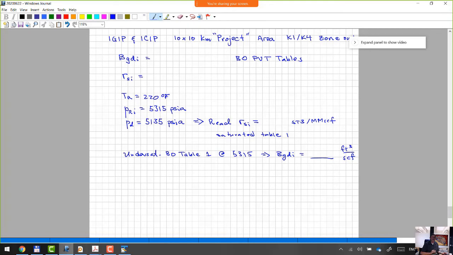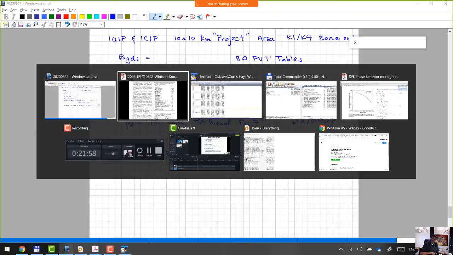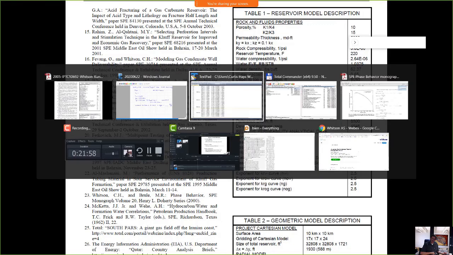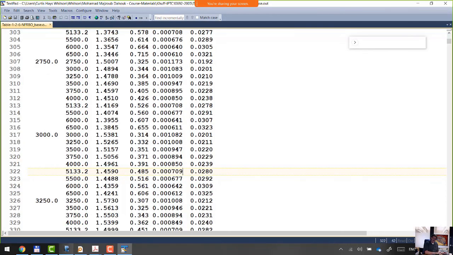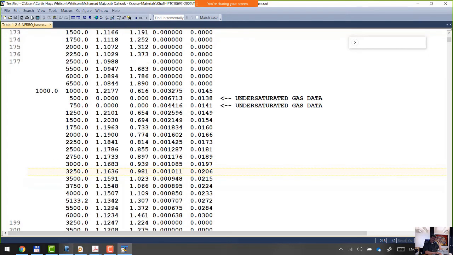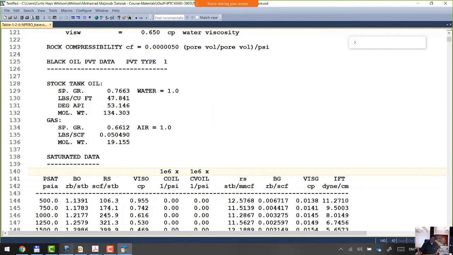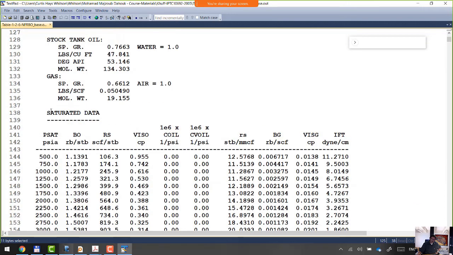So the Blackwell PVT table is basically separated into two tables. One is for saturated properties and the other for undersaturated properties. And that's clearly labeled in the output file of Sensor here. You've got table 1, PVT type 1. You've got the saturated table.